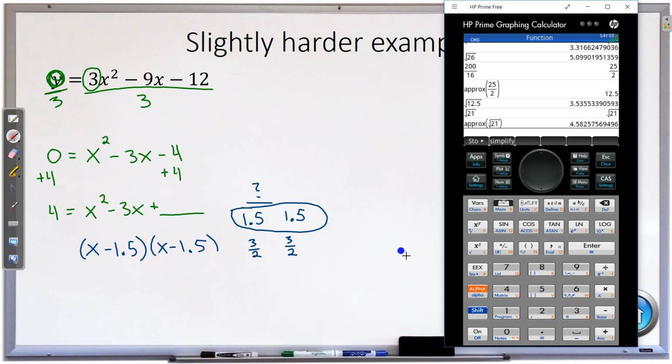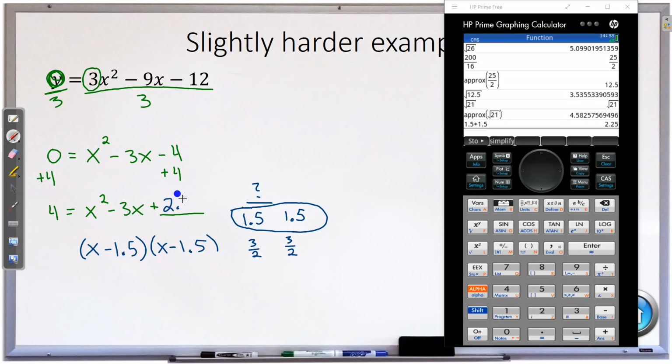I'm going to do that on the calculator just in case. 1.5 times 1.5, 2.25. There. But that mystery number is only on one side, so I have to add over here 2.25 on that side. So 4 and 2.25 is 6.25.